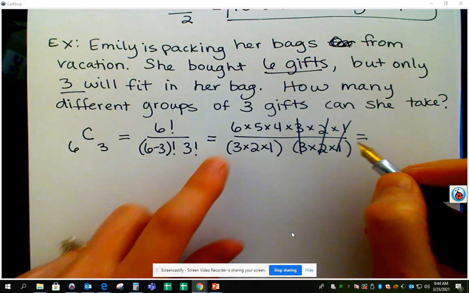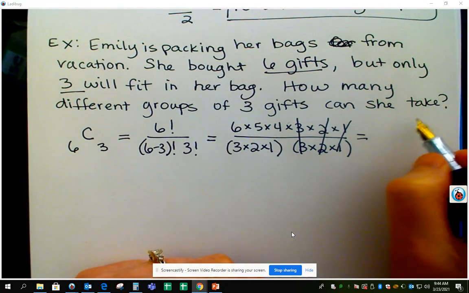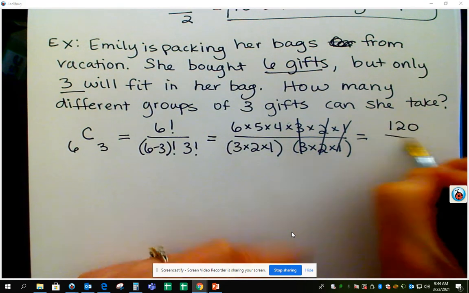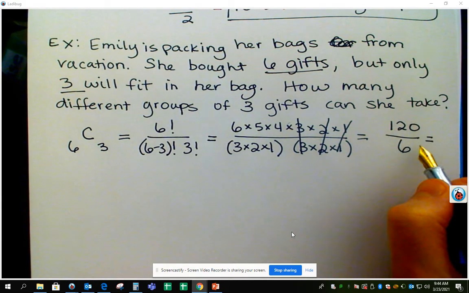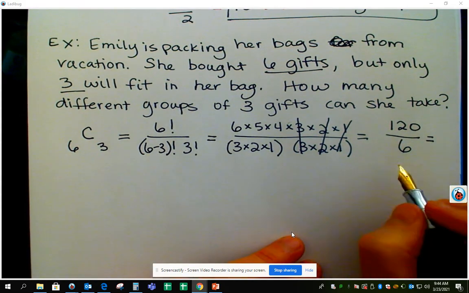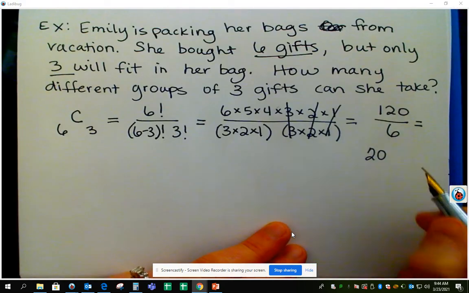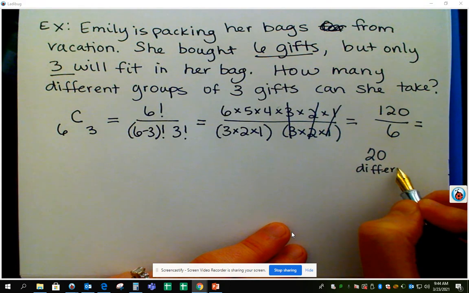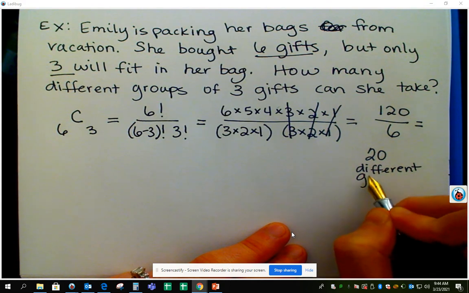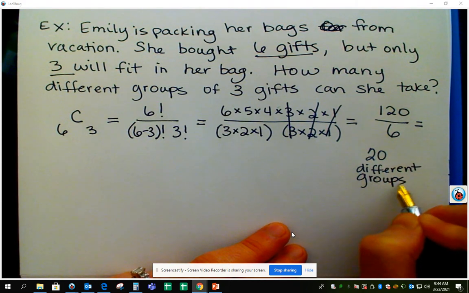So you're left with 6 times 5 times 4, which is 120, and 3 times 2 times 1, which is 6. When you divide them out, 120 divided by 6 is 20. So 20 different groups of 3.